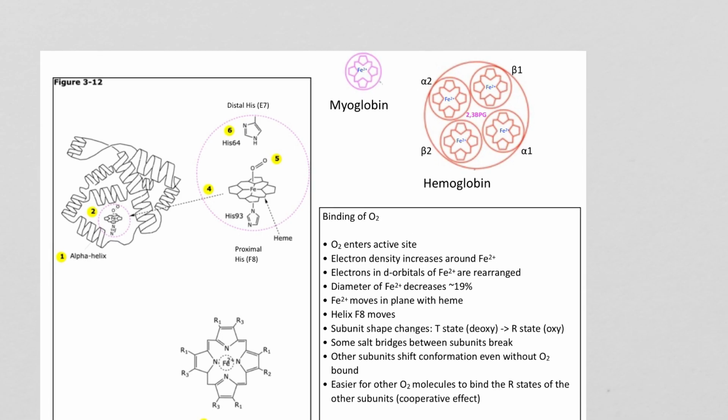This means the first oxygen molecule to bind causes the shape change in one subunit. So it's harder for this oxygen to bind because this subunit was originally in the T shape. But because of this conversion from T to R state that induced the formation of the R state in other subunits, the second, third, and fourth oxygen molecules will bind to the hemoglobin much easier.